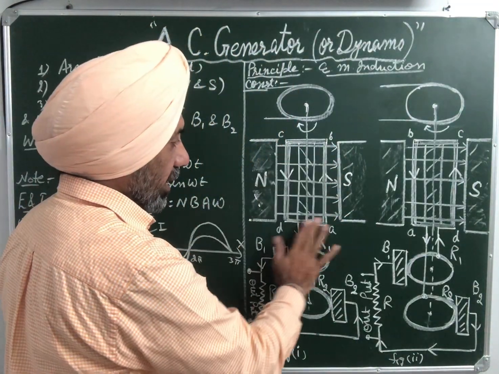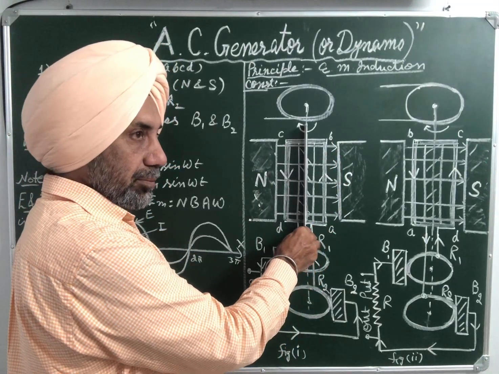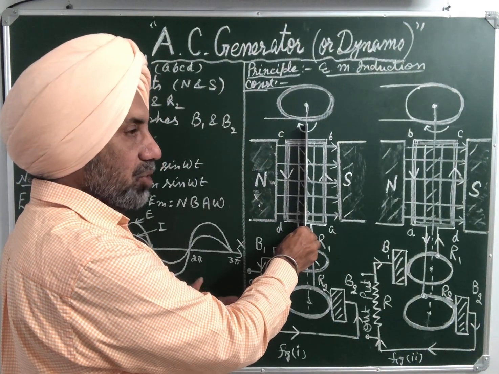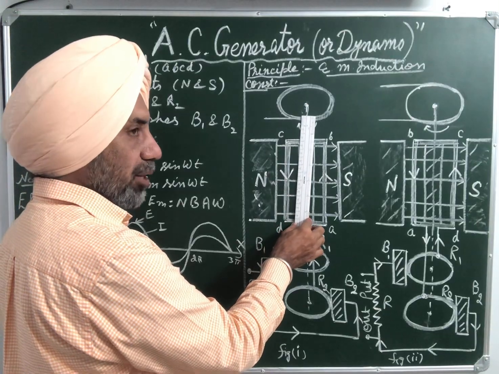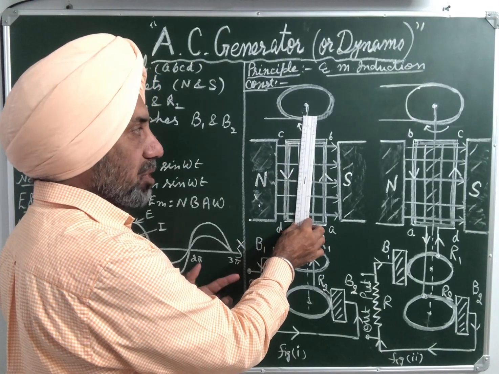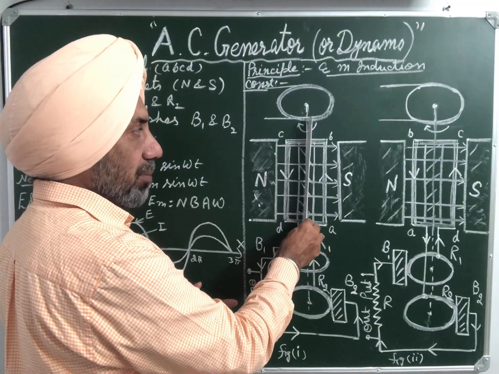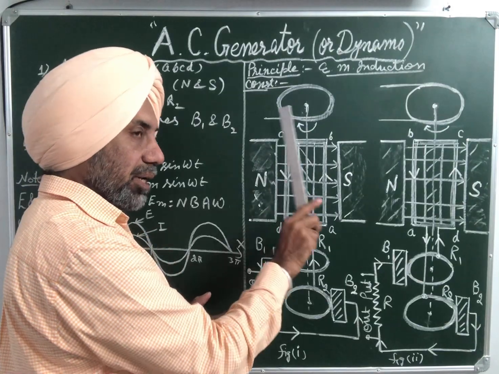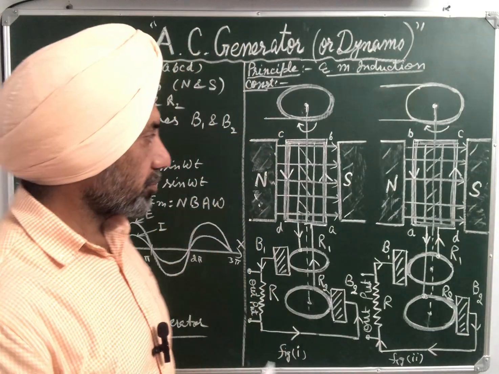When armature coil ABCD, which is a rectangular coil, is perpendicular to the plane of the board or plane of paper, induced EMF produced is minimum, and when it is in the plane of the board, induced EMF produced is maximum. In between, when its position changes from vertical to horizontal, horizontal to vertical, it is maximum to minimum, minimum to maximum, and so on.